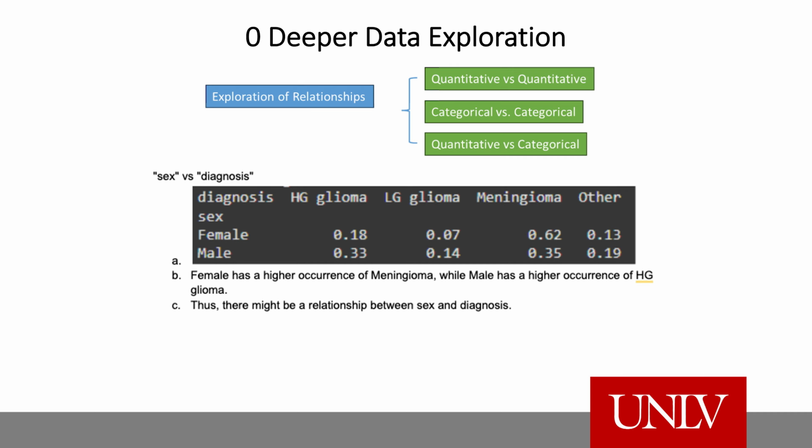Based on this visual pattern, we suggested that there might be a relationship between sex and diagnosis. However, at this stage, this is only a hypothesis. The pattern could be influenced by random variation or sample imbalance. To confirm whether this relationship truly exists, we need statistical testing to determine whether the observed difference is statistically significant.